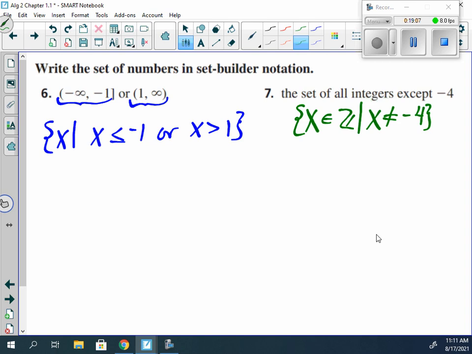It can be anything else, it just cannot be negative 4. It can be any other integer except for negative 4. Questions on this here?